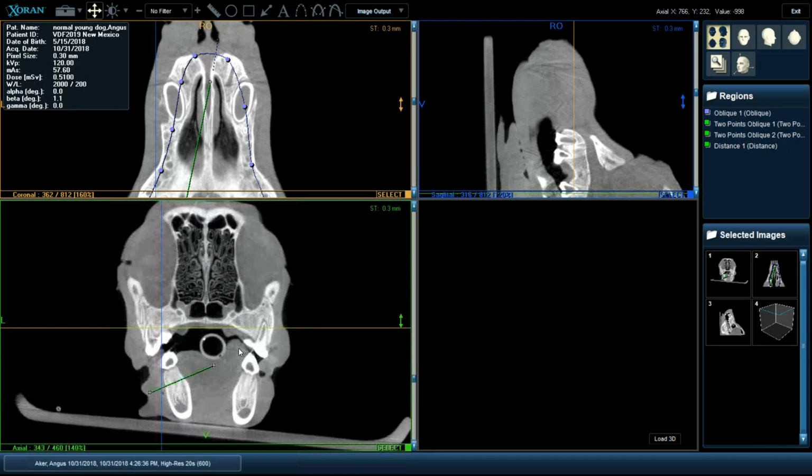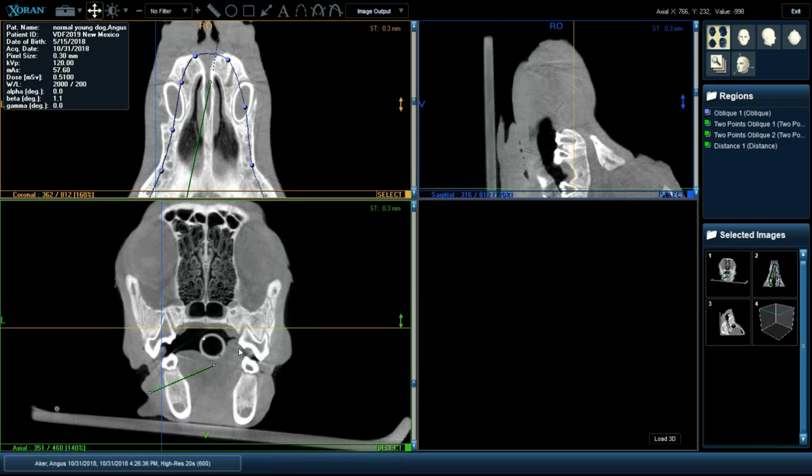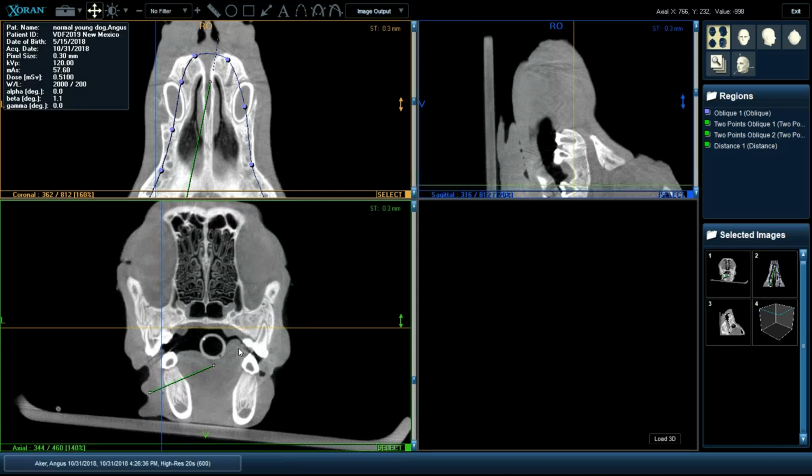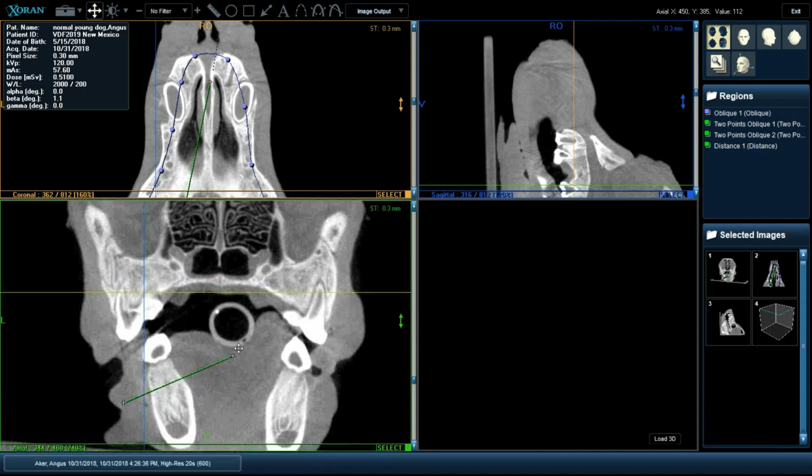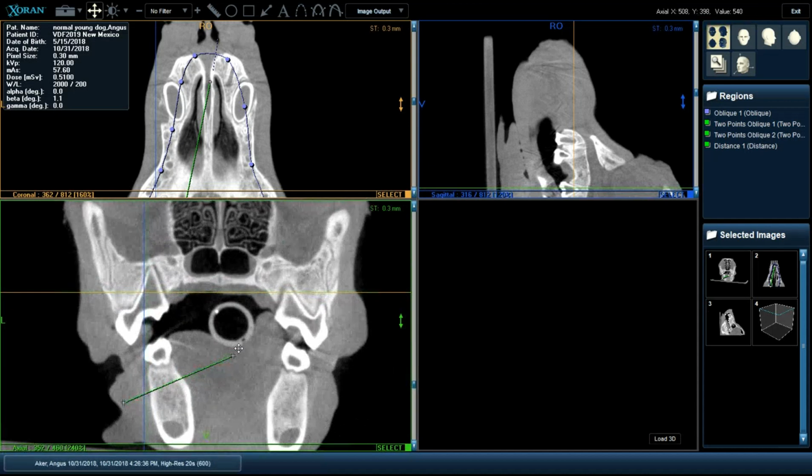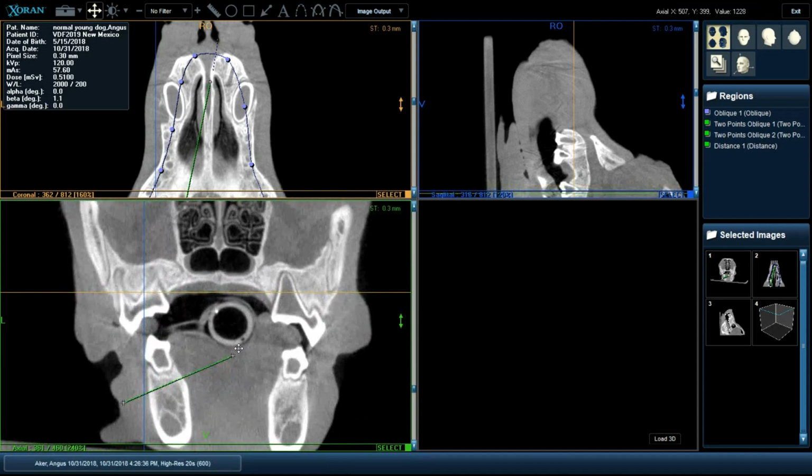What I'm going to do now is just point to normal anatomy again, because here in this particular patient there is no disease. What I want to show you here is those ligament spaces, which are easy to see. Of course, this is a relatively young patient, so the endodontic spaces are very wide.